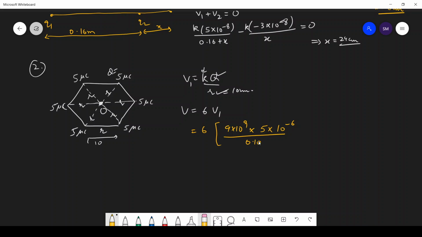Students, you are supposed to write it in meters, and this you will get as 2.7 into 10 to the power 6 volt. So remember this property of hexagon, that its diagonals bisect each other and they form 6 equilateral triangles. Now third question.